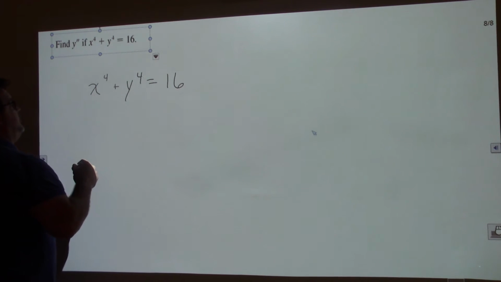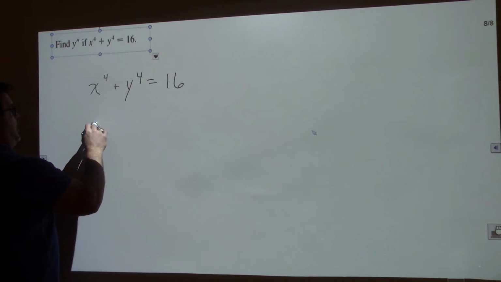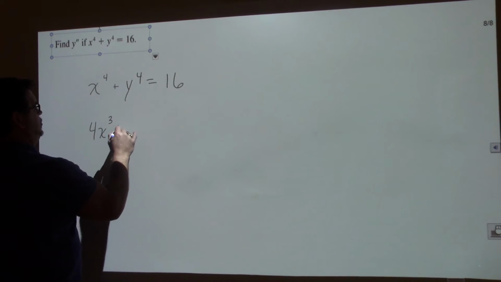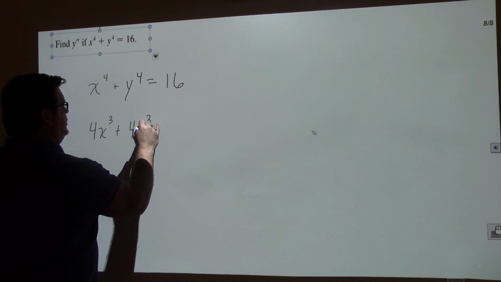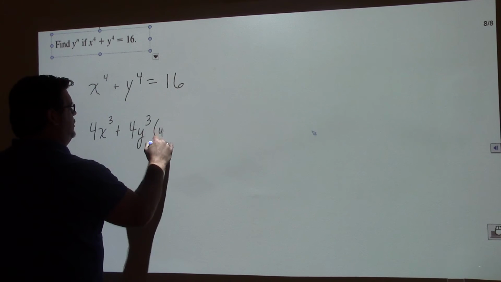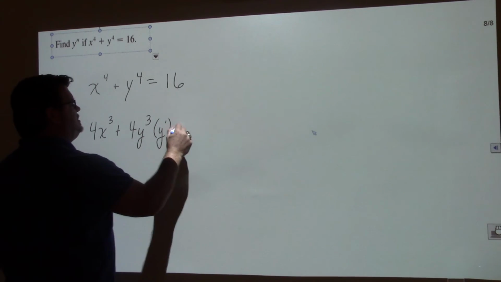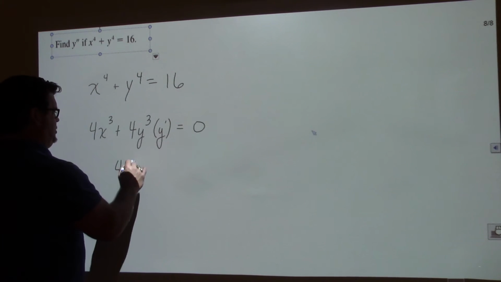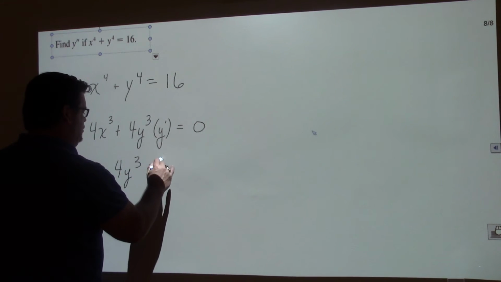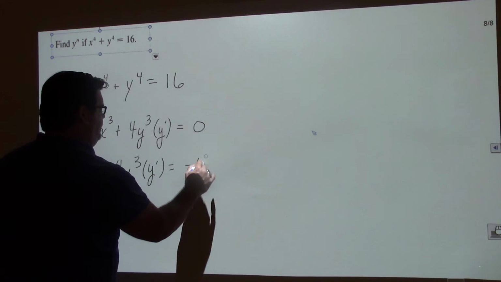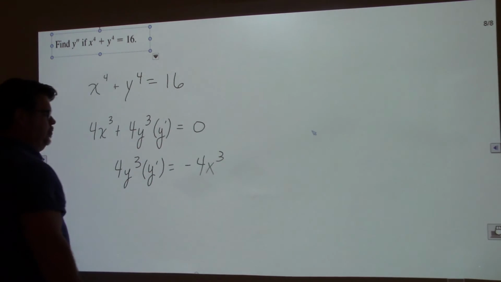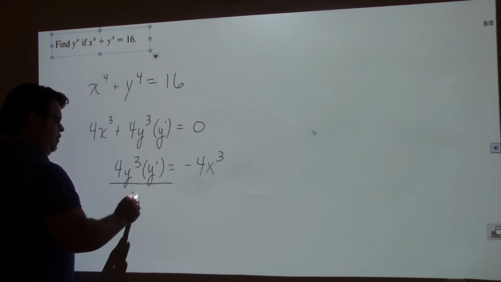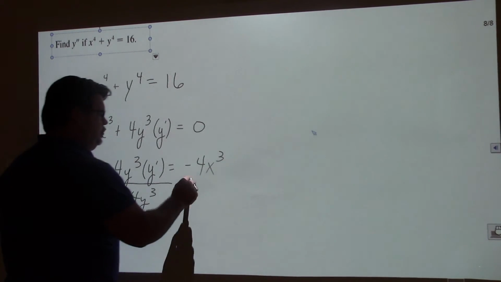To the first derivative, 4x to the third plus 4y to the third times y prime is equal to 0. 4y to the third y prime is equal to negative 4x to the third. Divide by 4y cubed.